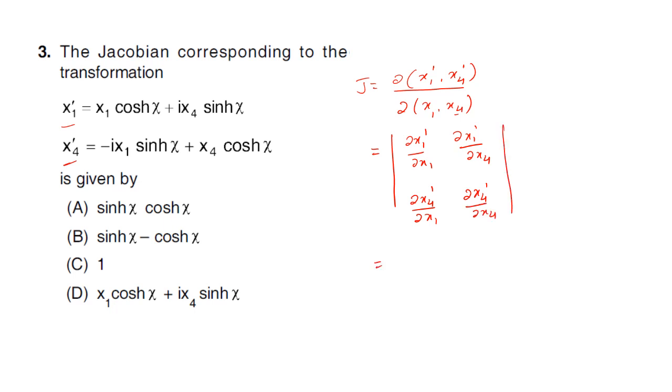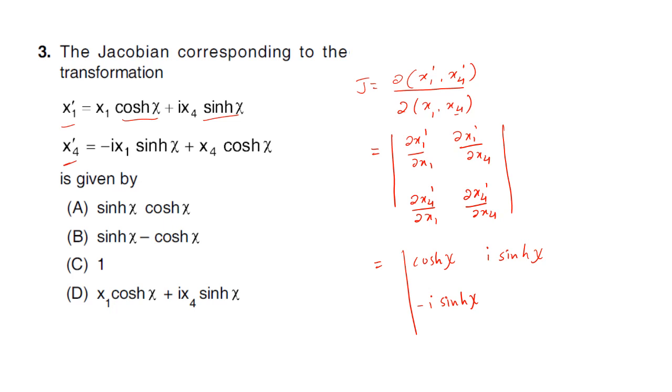Here ∂x1 prime divided by ∂x1 is cosh chi. With respect to x4, x1 prime with respect to x4 is i sinh chi. Then ∂x4 prime divided by ∂x1 is minus i sinh chi.